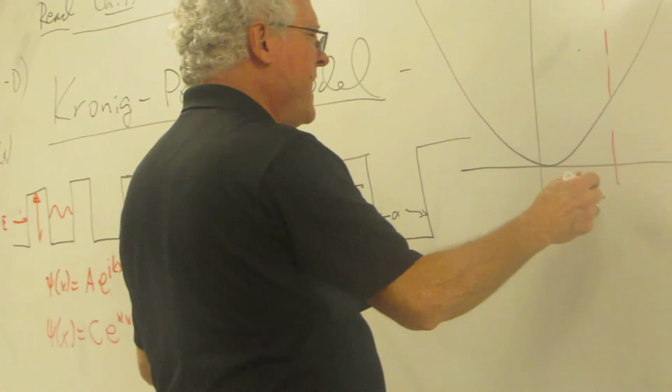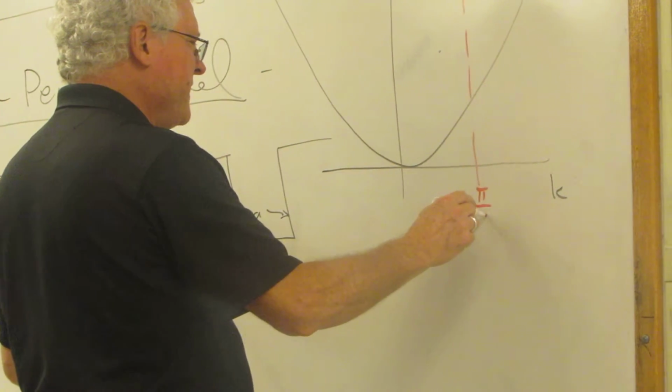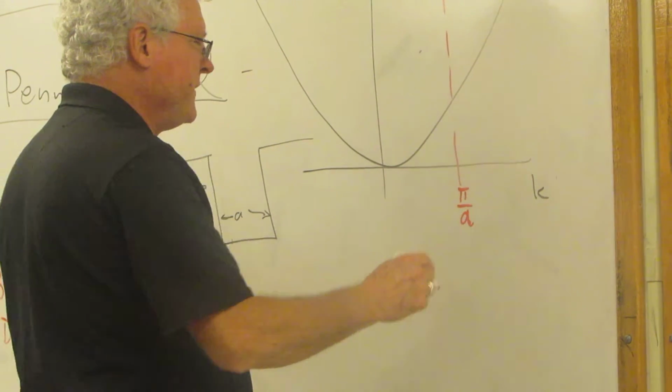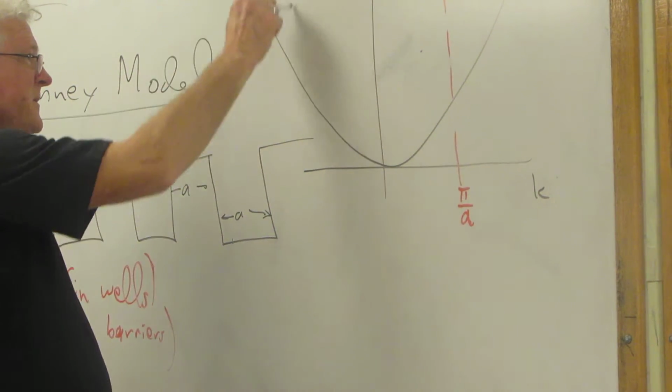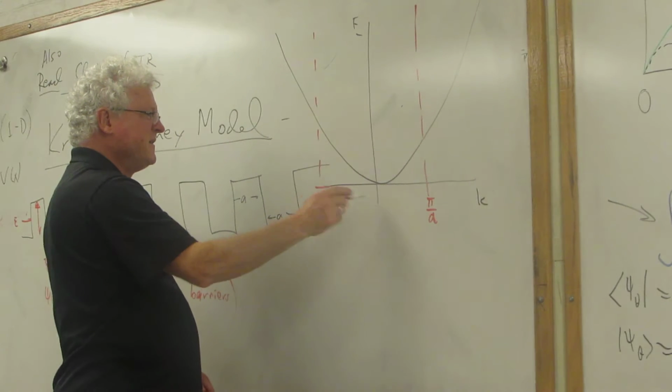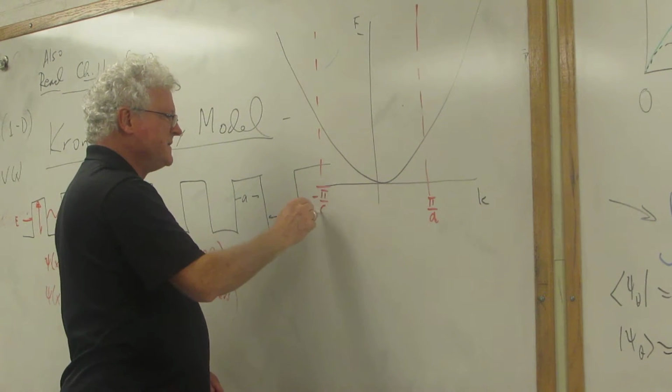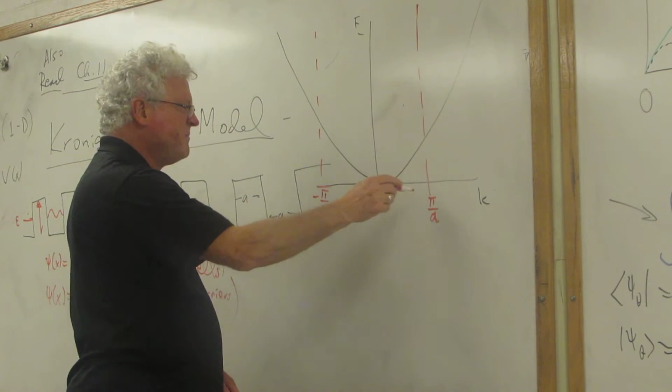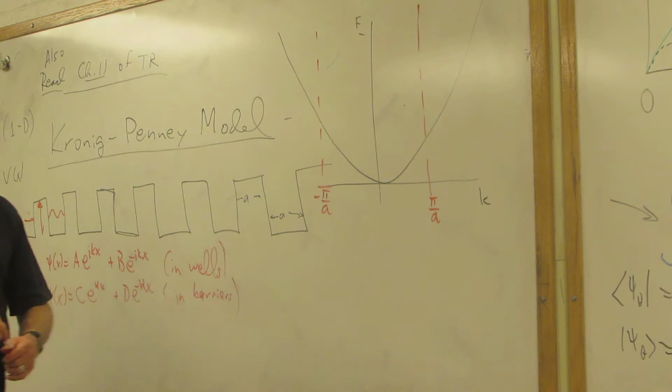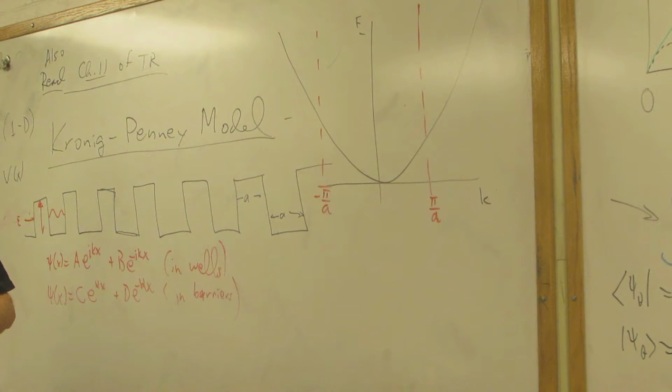Where would you fold that back? It would be when k is equal to pi over the unit cell. Let's say A is the size of the unit cell. I can't remember if it's plus or minus pi over A. That would be called the first Brillouin zone.